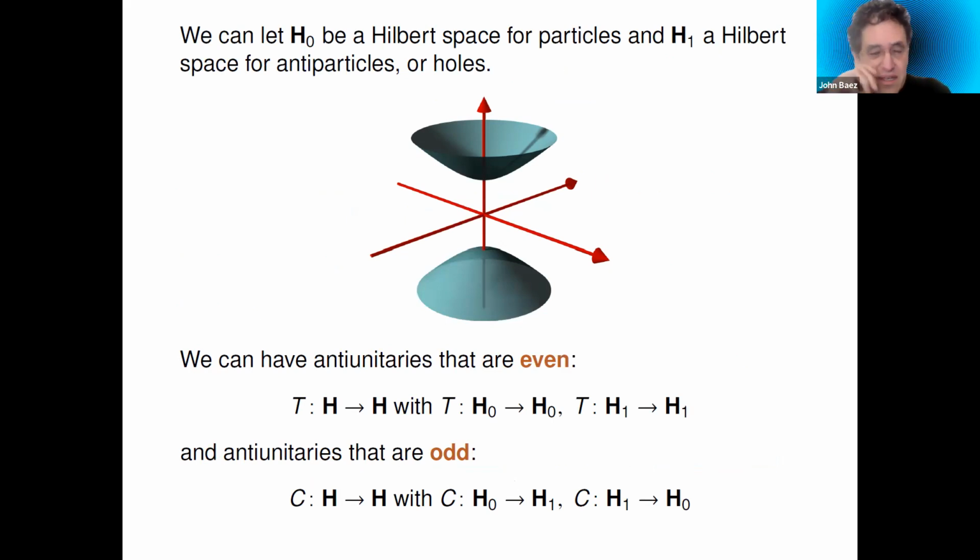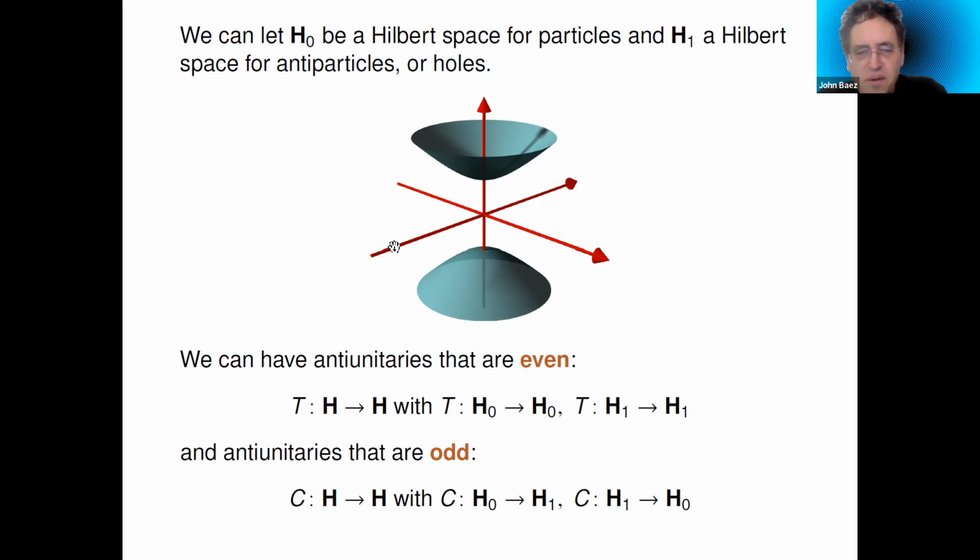In condensed matter physics, your particles often are just quasi-particles to begin with, so the antiparticles may just be holes. That is, they may not be fundamental antiparticles, but just absent particles.